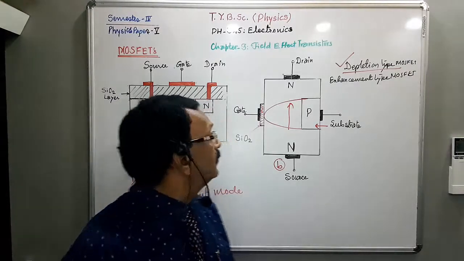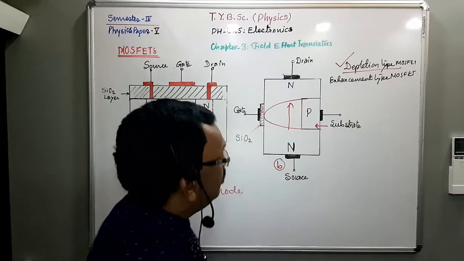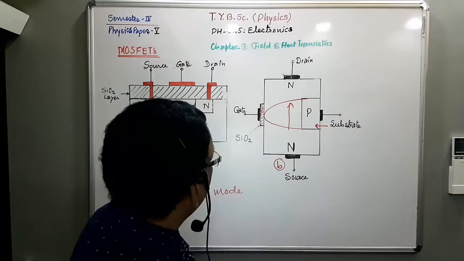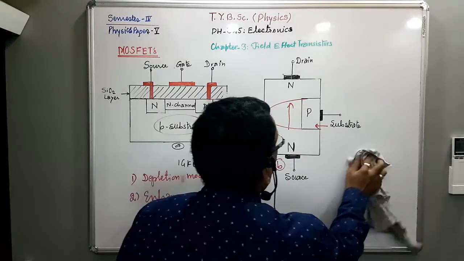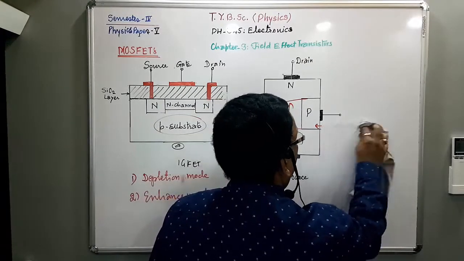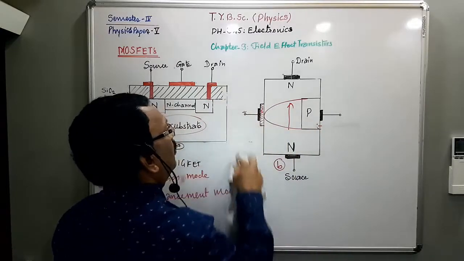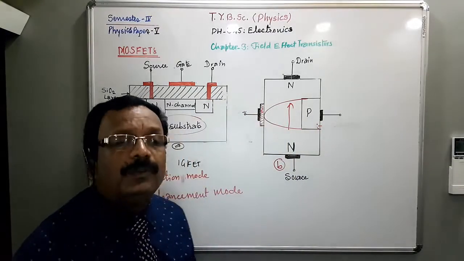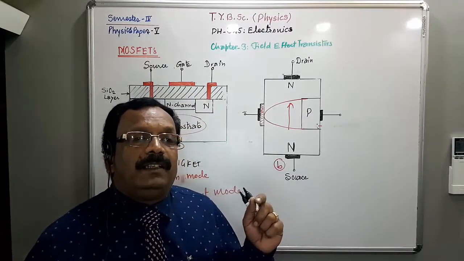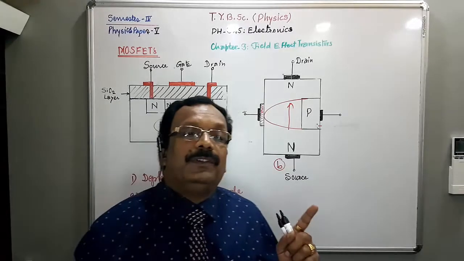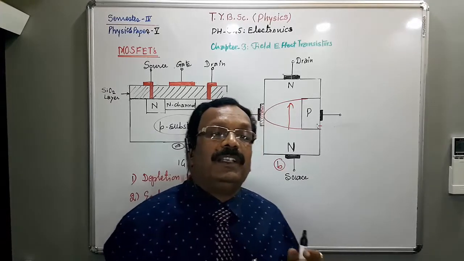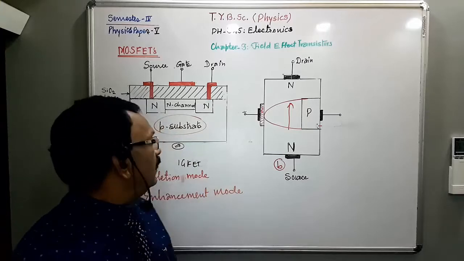Now see here, with the help of this figure I am going to explain how we can make the connection. The depletion type N channel MOSFET is working in two modes. One of them is depletion mode and another is enhancement mode.